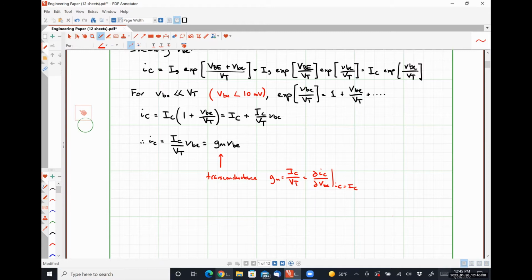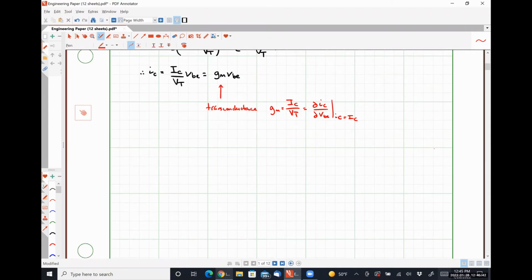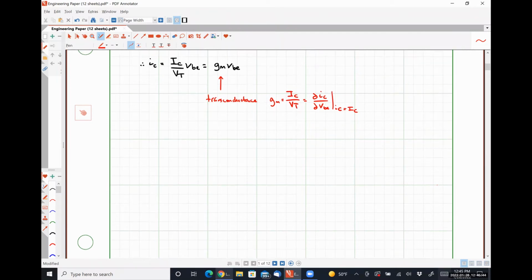So let's look pictorially at what the transconductance represents.